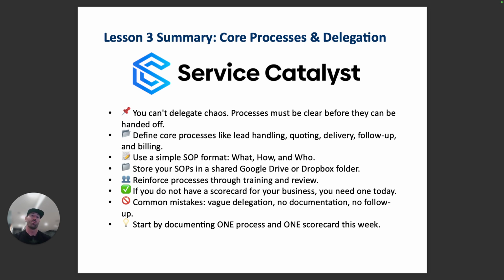So once I read Traction a couple of times and implemented a lot of their strategies at SG Window Tint, this one specifically changed my life. That's why I really highlight it here, and it's key to effectively delegating. Once you have that in place and have some reps at doing that regularly, the next step is to break your scorecard down into KPIs for individual team members that they can track and you can track.